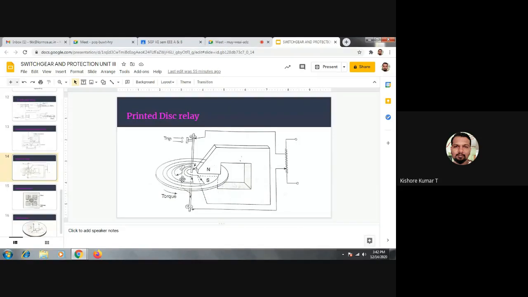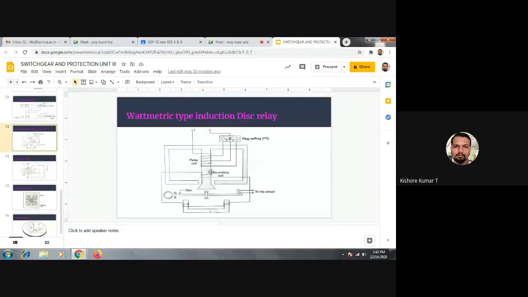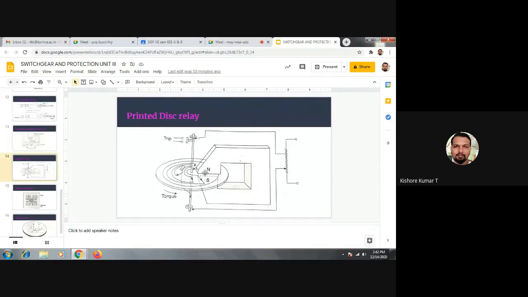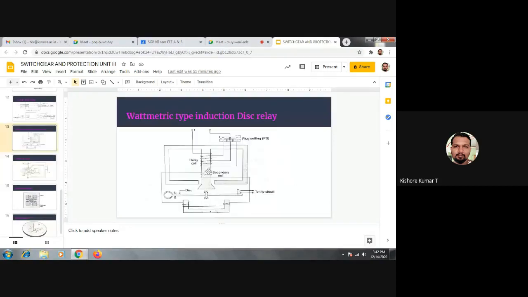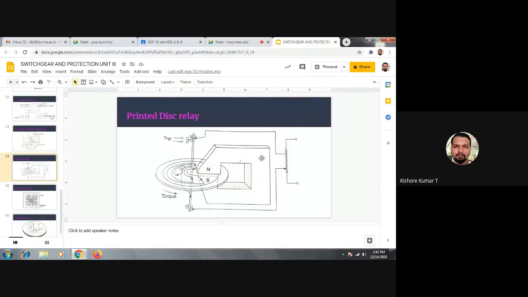You can see the difference between this one and this one. Here a relay coil is mounted on the pole, whereas here there will be a permanent magnet, where the relay coil current is directly fed to the circuit which is printed on the disk.